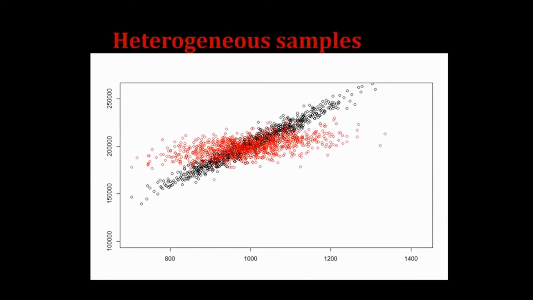Another issue is related to heterogeneous samples. Here, if you consider the red values and the black values as part of the same sample, so basically you don't differentiate like it is in this graph, then the correlation is very, very low.